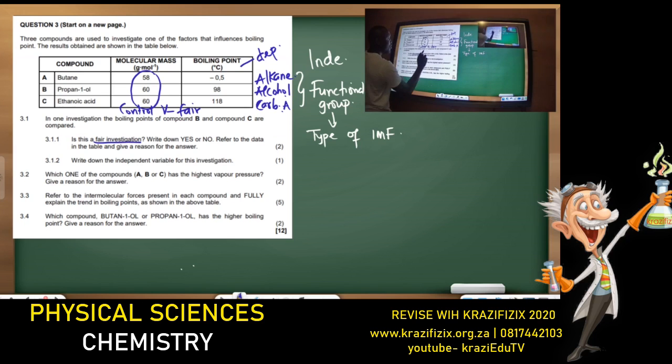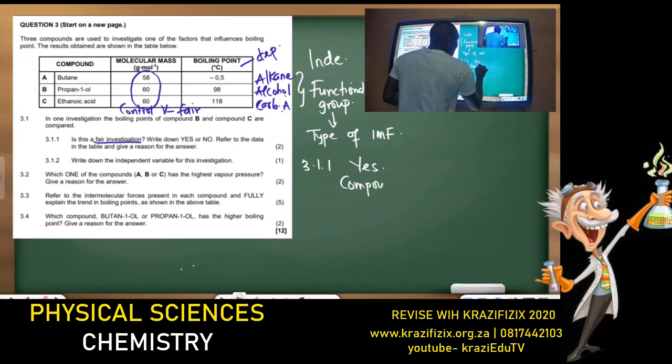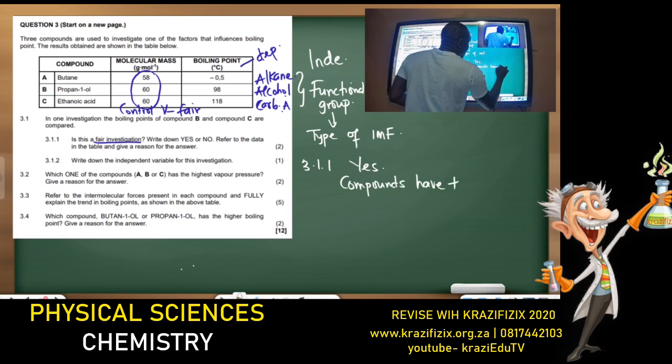There is a control variable of molecular mass. So what's going to be my answer? 3.1.1. Is this fair? Yes. Every time you have a control variable, then we talk about a fair experiment. I'm going to say compounds have the same molecular mass.